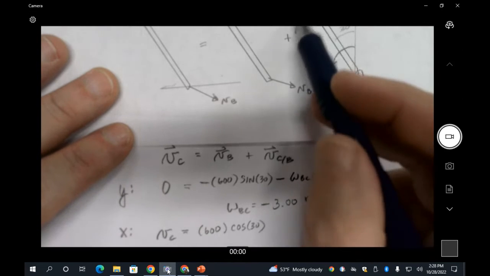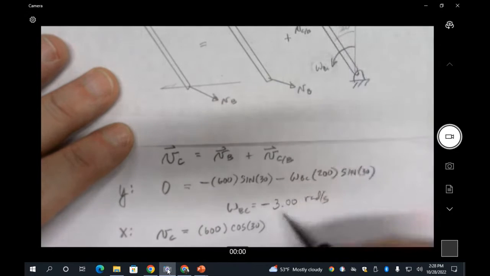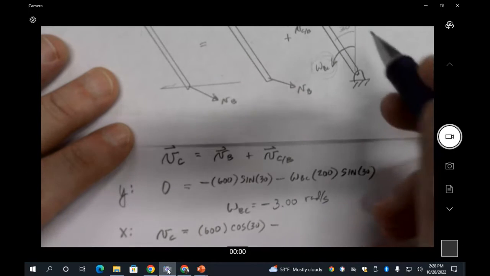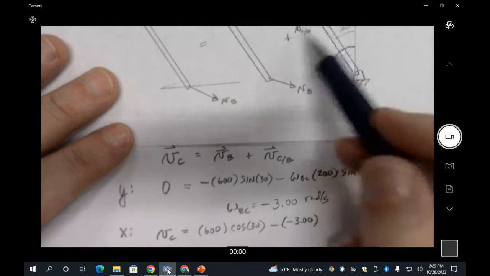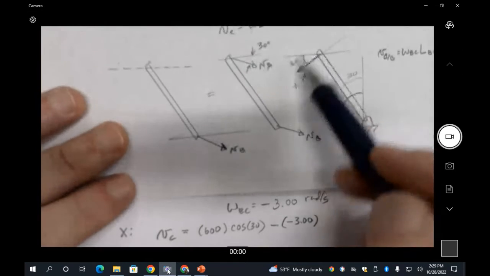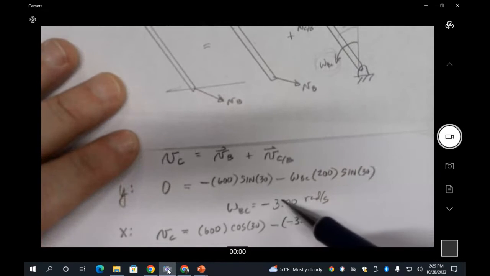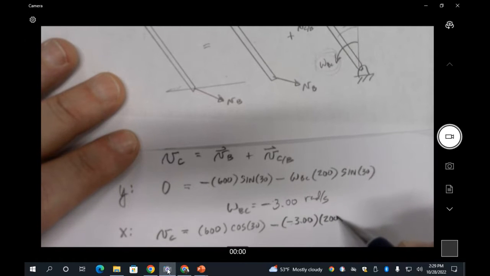And here, let's draw what the arrow is for the situation, which makes it look like it's going to be negative, but we know that it's going to be omega, and we know that omega is negative, right? That's my way, I don't bother to update my diagram. I just go ahead and put in the value that I know. It's going to be times 200, and now that's going to be the cosine of 30 as well.